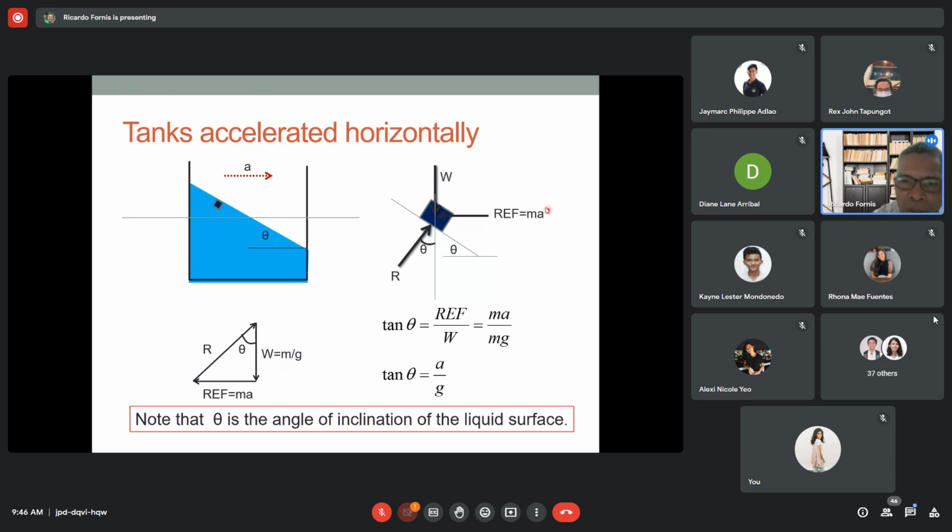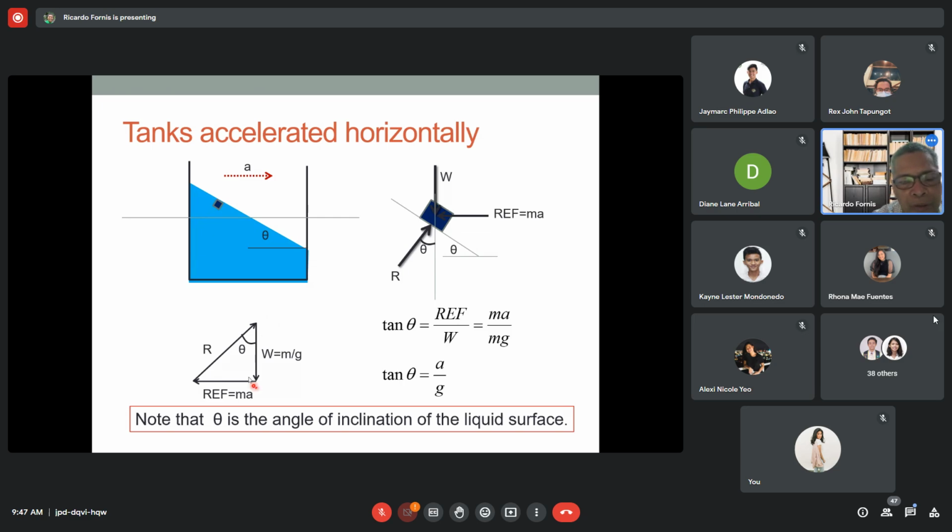But the role of this force is to make the system in equilibrium. So if this is in equilibrium already, then we can construct what we call a force triangle, starting with the weight, which is vertically down, then the reverse effective force, a force going left, and then the reaction R will close the polygon.